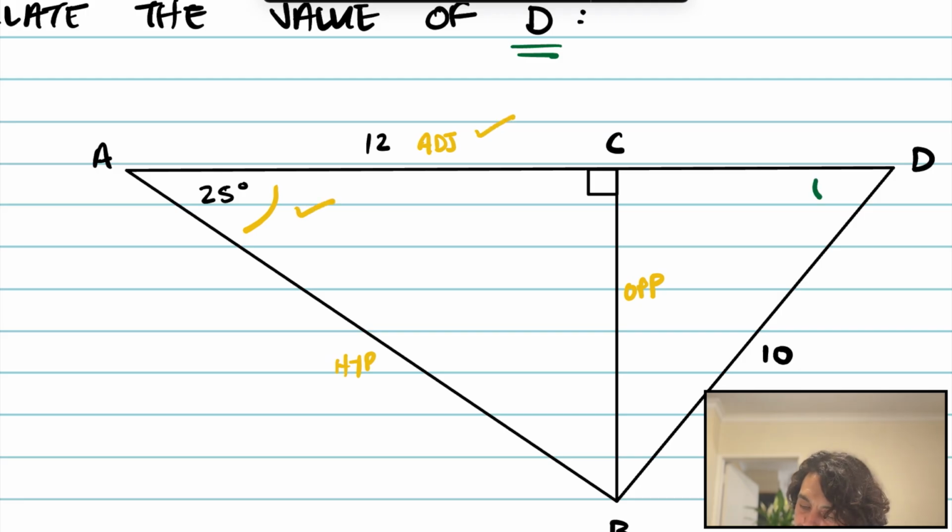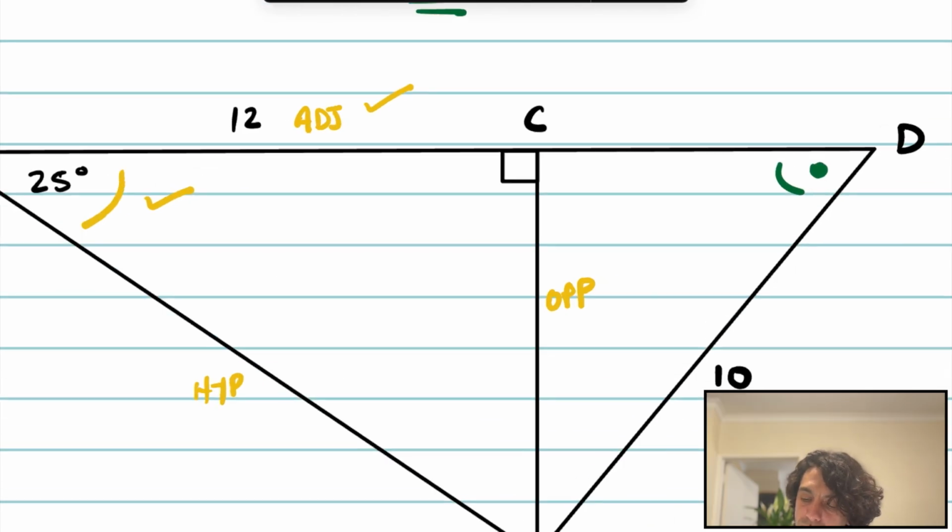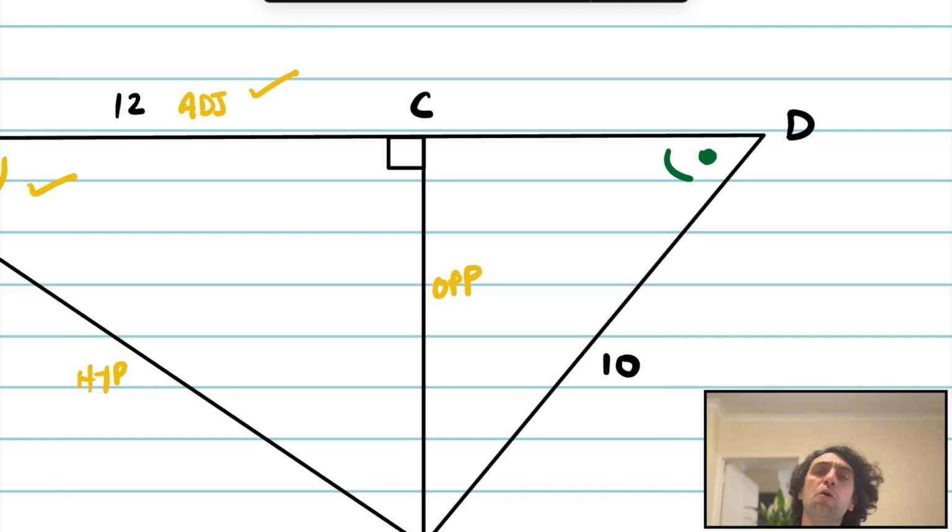So I have an angle, I have an adjacent, and remember, what am I trying to do? I'm trying to get to this angle D over here, okay? In order to get to this angle D, I need two pieces of information. If I want to know what this angle is, I need two of the sides. That's what trig is. Give me any two pieces of information, and I'll solve everything about the triangle. What do I have? From this D, I know that this is my adjacent.